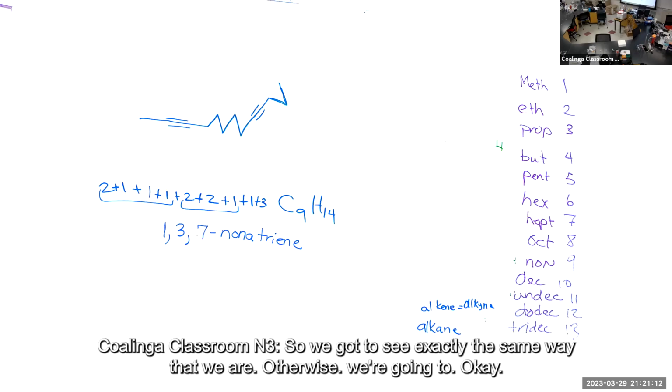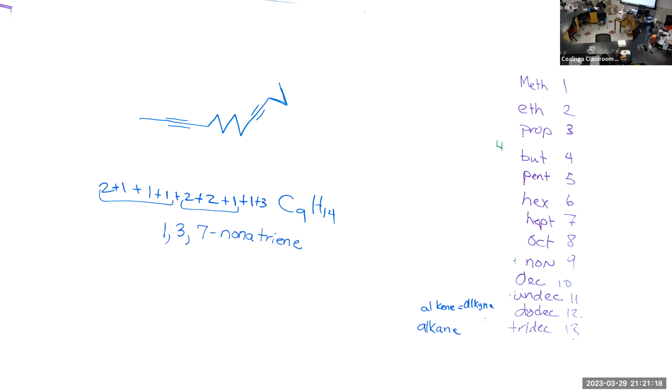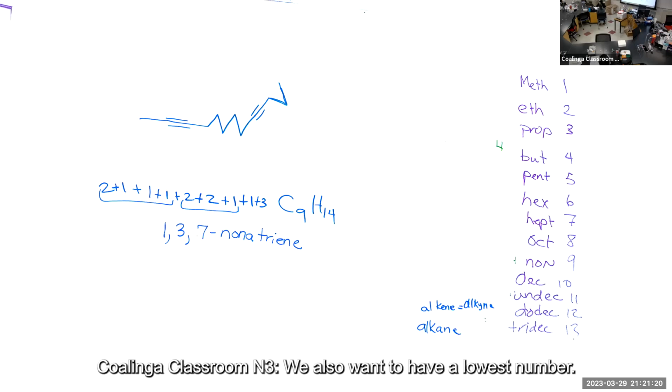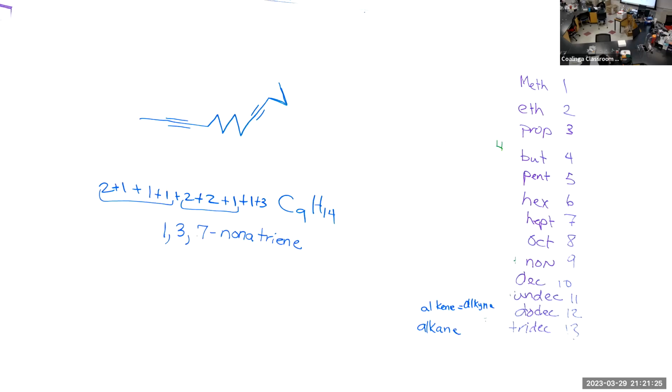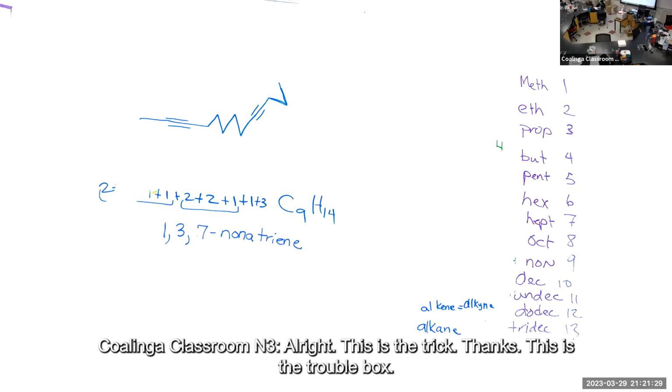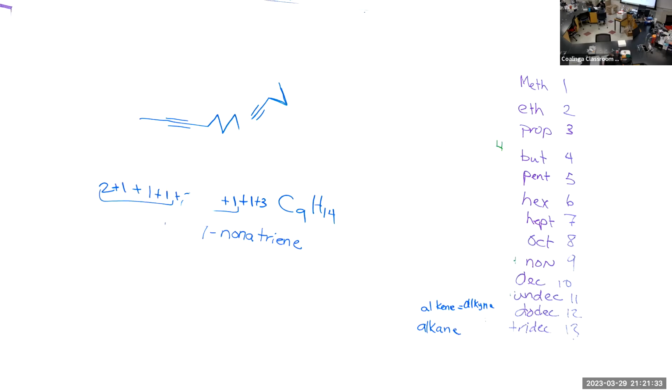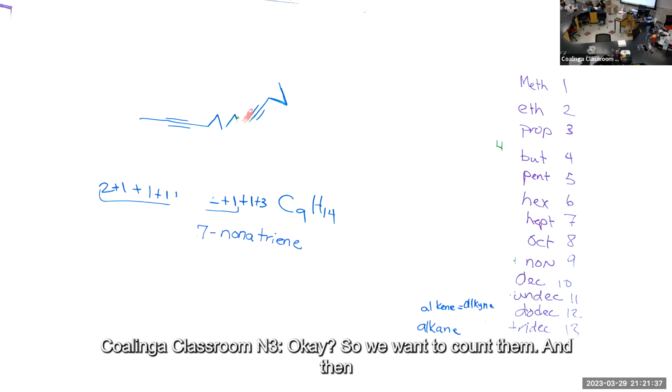So we're going to treat these exactly the same way that we treat our other ones. We're going to count them. Okay. We also want to have the lowest number, right? So which one is going to give us our lowest number? All right, hold on. This is a triple bond, and this, we have two triple bonds.